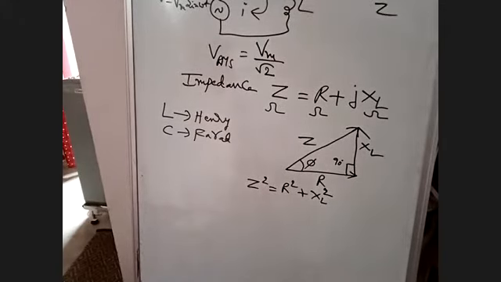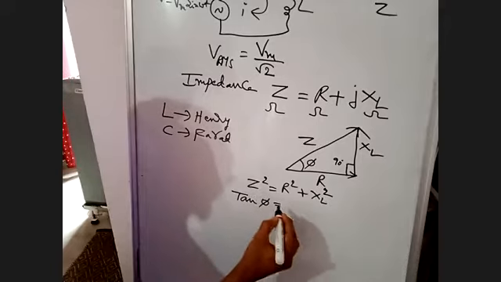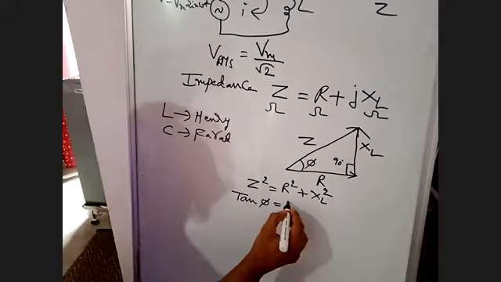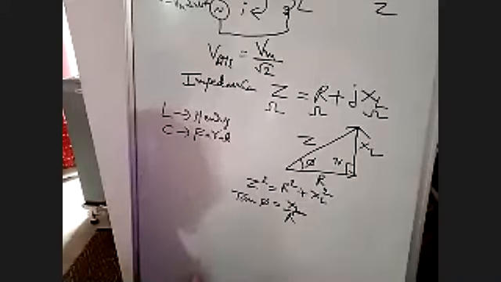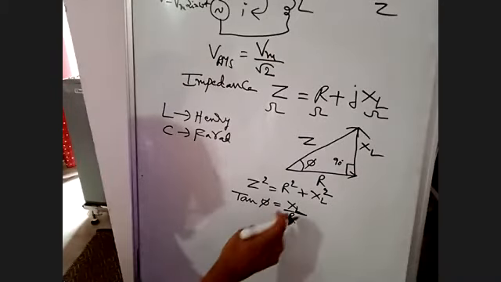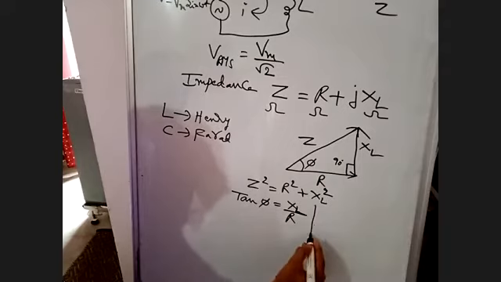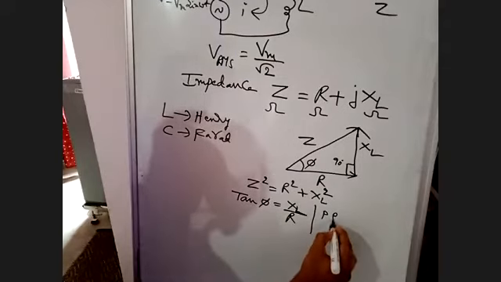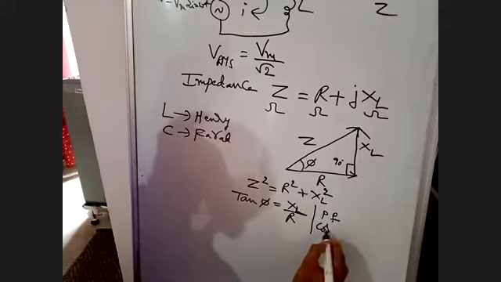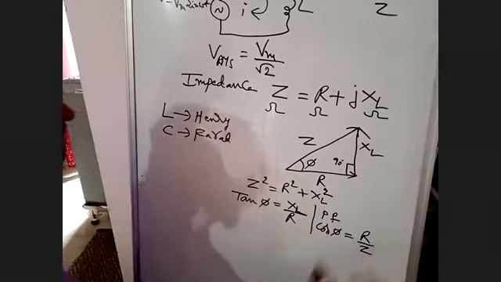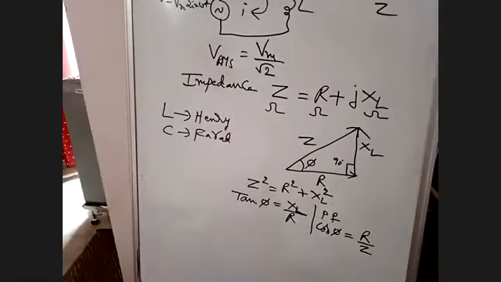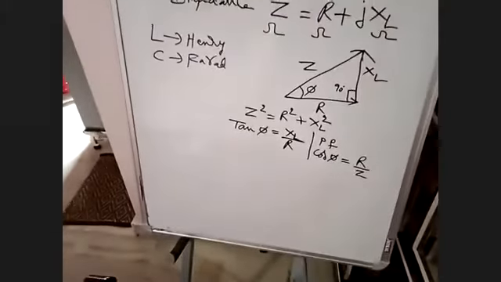Next, for determining phi, what is tan phi? Opposite side by adjacent side, so tan phi is XL by R. If you want the power factor, it is cos phi. Cos phi is equal to R by Z.